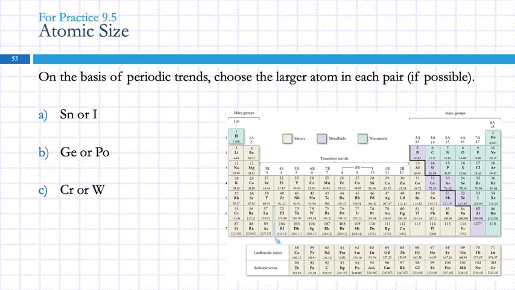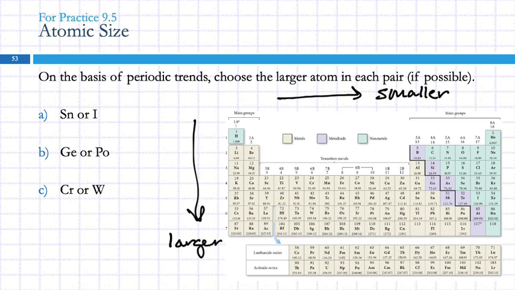Okay, so what do you need to be able to do with this? You should be able to answer a question like this. Identify the larger atom in each pair, if possible. So the trend is that as we go across, it gets smaller. As we go down, it gets larger. Or if you want to say, well, going this way, it gets larger.